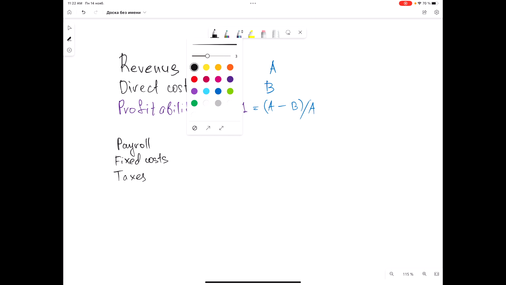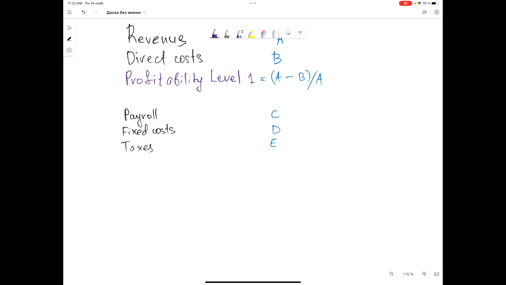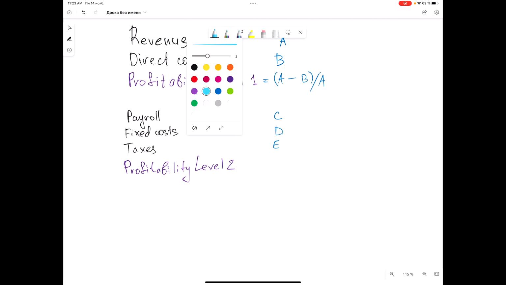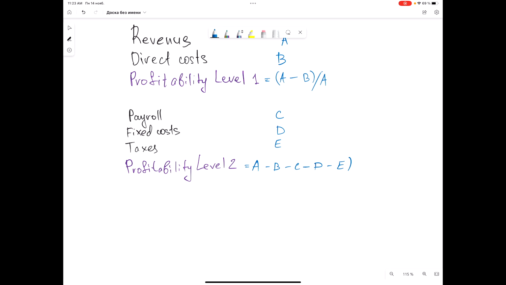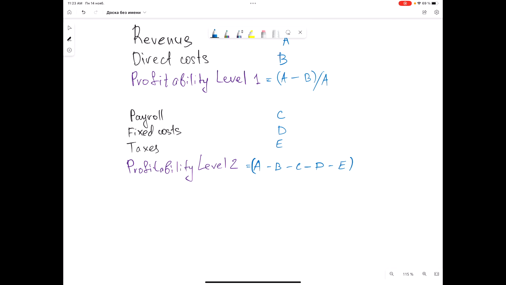And then they will be A, B, C, D, and E. And the next level of profitability, level 2, will be A minus B minus C minus D minus E, and we divide it by A. This is level number 2.